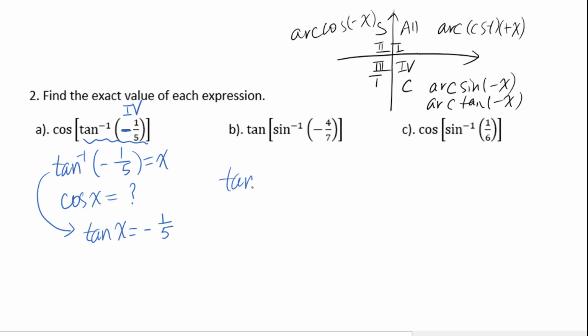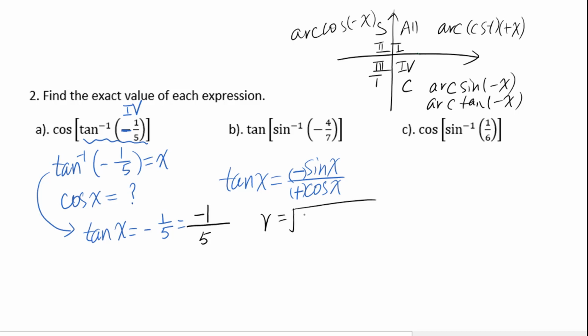Tangent x equals sine x over cosine x. For the fourth quadrant, you will have a negative sine and a positive cosine. Therefore, this negative sign goes to the top, negative 1/5.